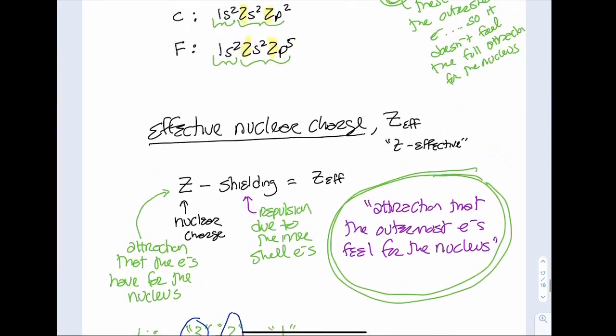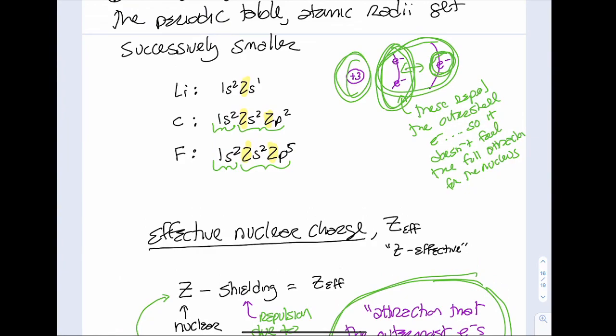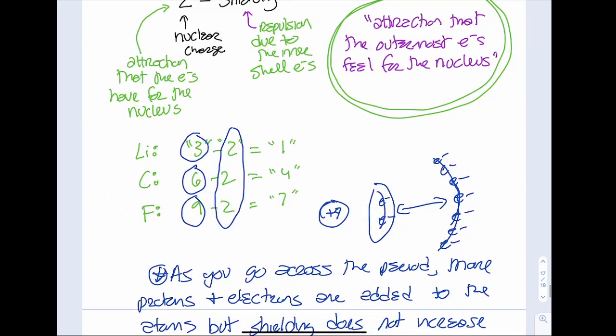When I looked at lithium, I had those 2 repelling 1 electron. So more attraction here. And again, this is not what my atom looks like. I don't have all those electrons right next to each other, but they are in the same shell. Different subshells, different orbitals, right?